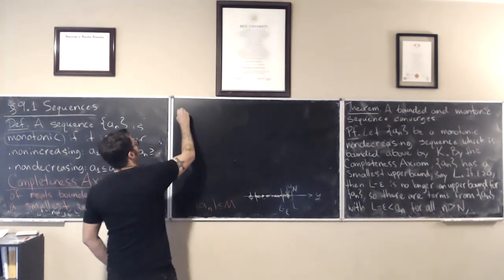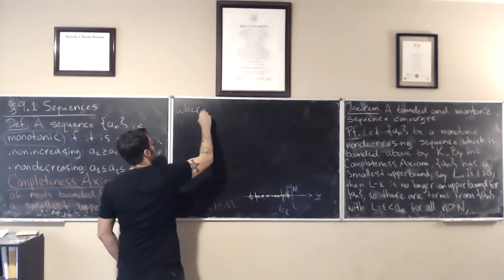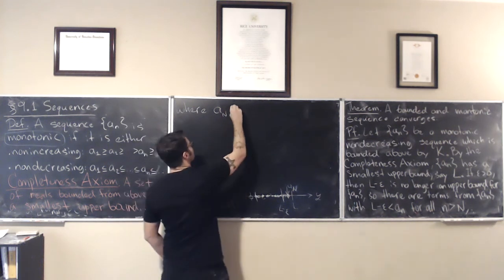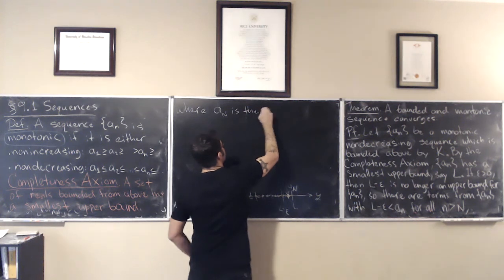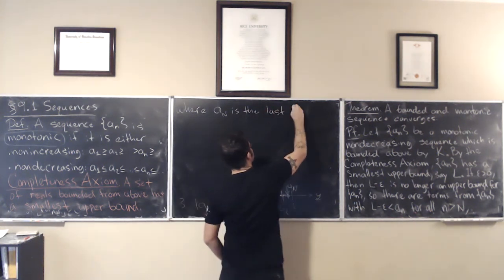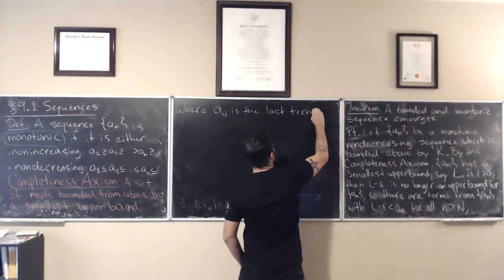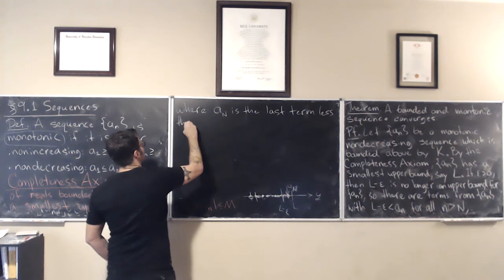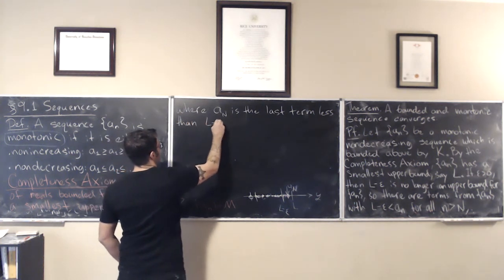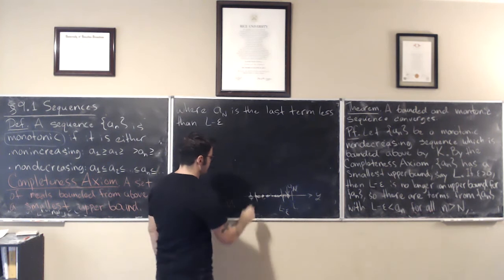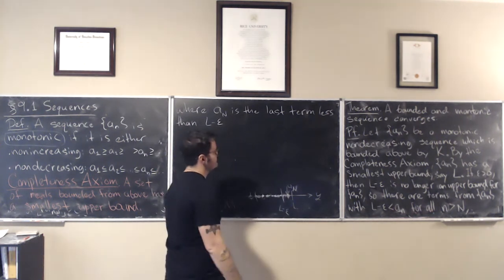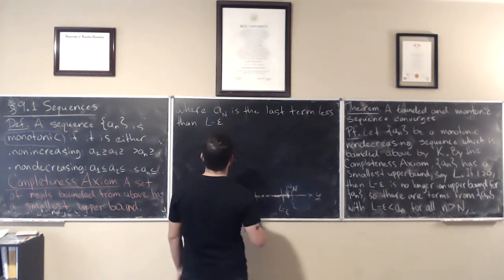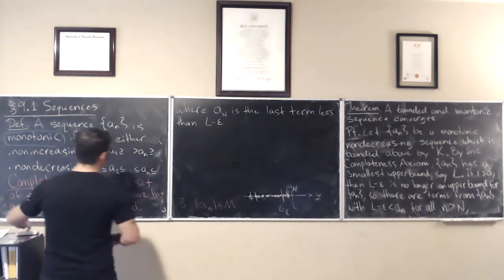Where a sub capital N is the last term less than L minus epsilon. Right, so it's increasing, because it's possible that we picked too big of an epsilon, and I think your book even didn't take this into account.